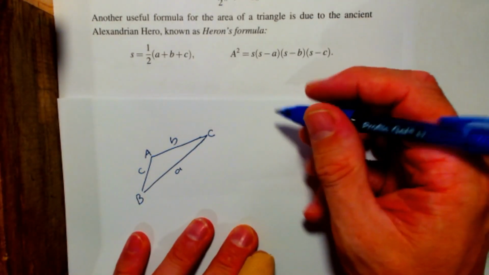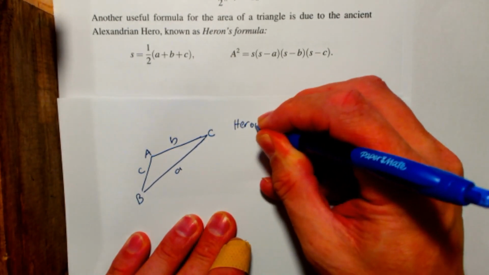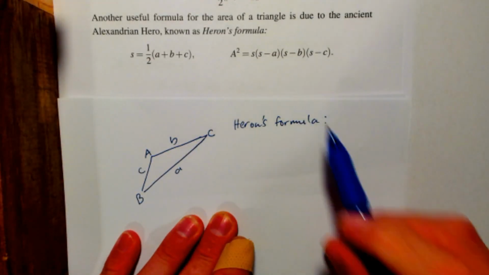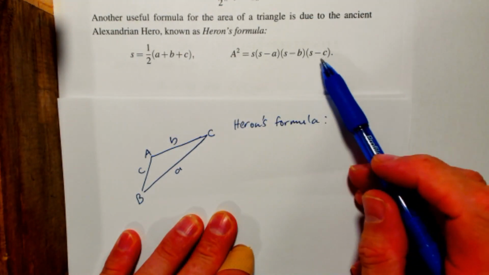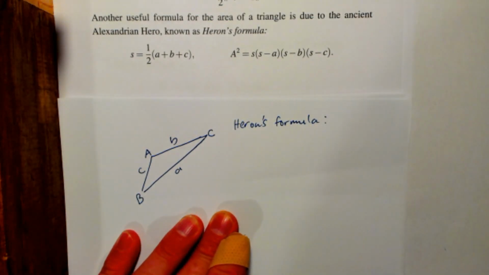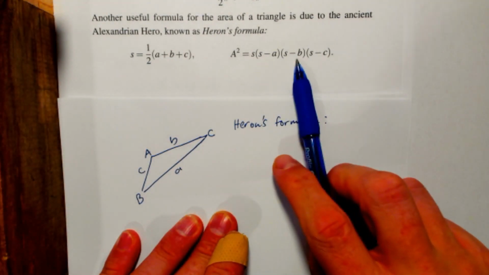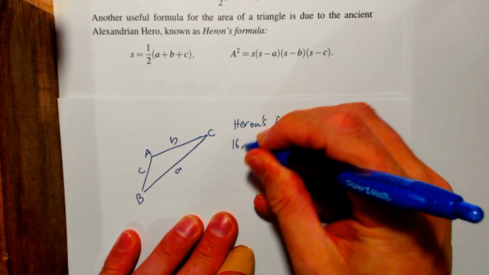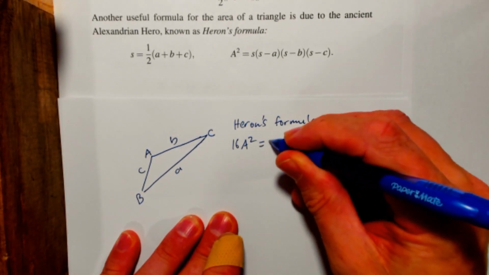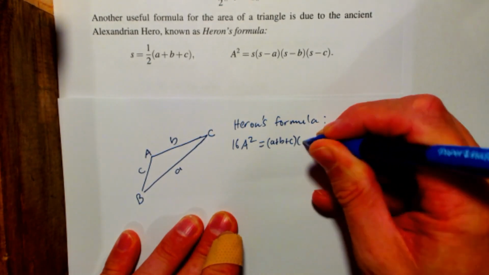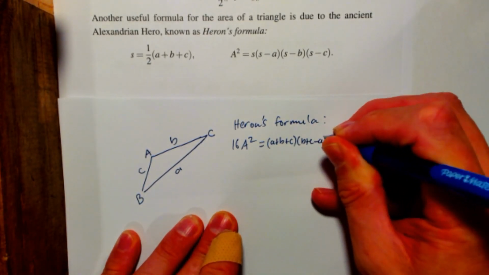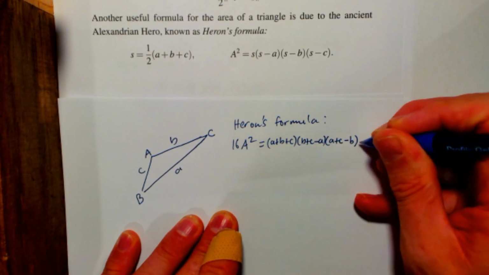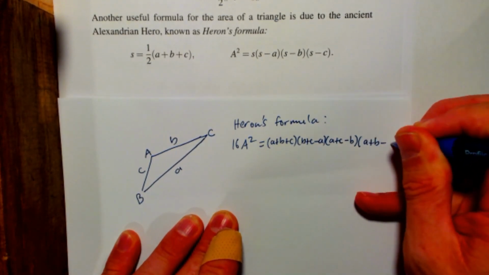Okay, now Heron's formula states... so when we take this and sub it in here and then multiply throughout by 16 so that we clear the 1/2 denominators in each of the four terms, what we end up with is 16a squared equals a plus b plus c times b plus c minus a times a plus c minus b times a plus b minus c.